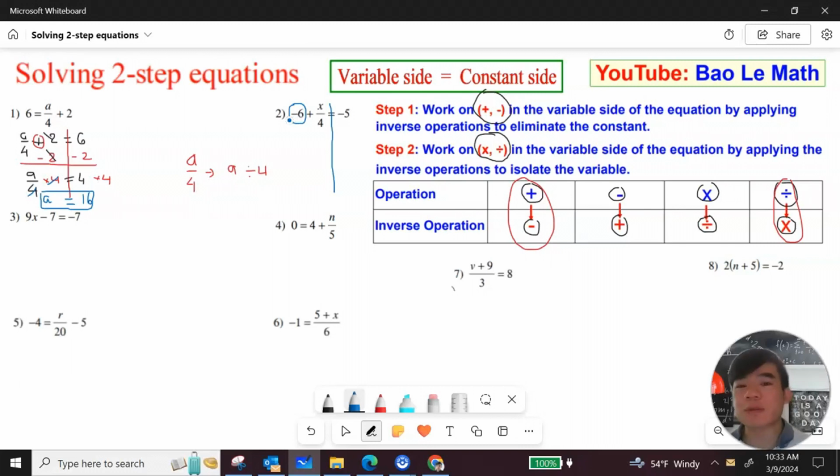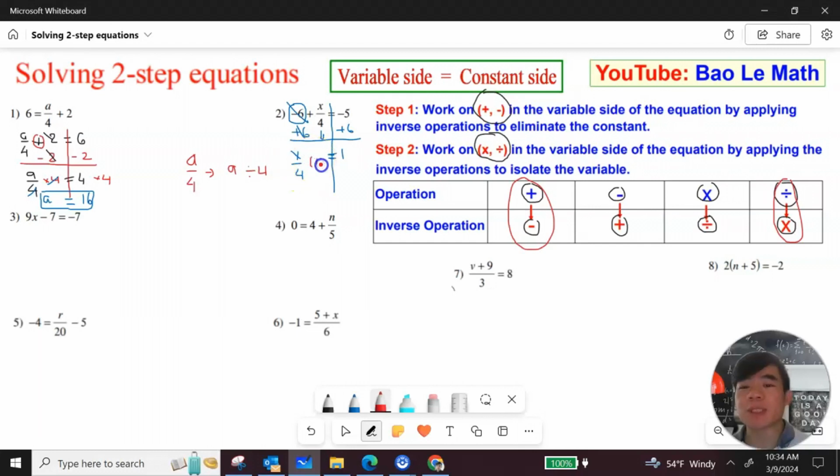So we have negative 6 right here. The inverse of negative 6 is plus 6, so plus 6 on both sides. This cancels out. I have s over 4 left, so I rewrite s over 4 equals negative 5 plus 6, which is 1. Now, s over 4 means s divided by 4, so the inverse of division is multiplication.